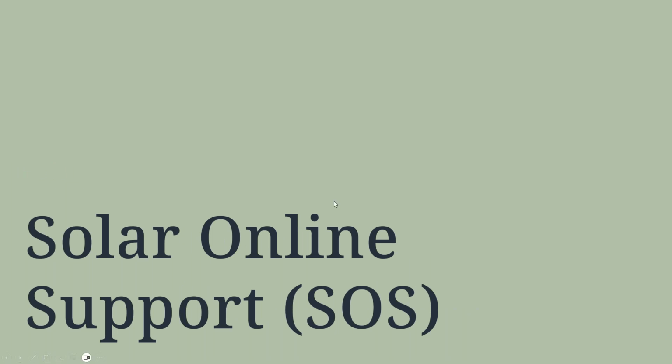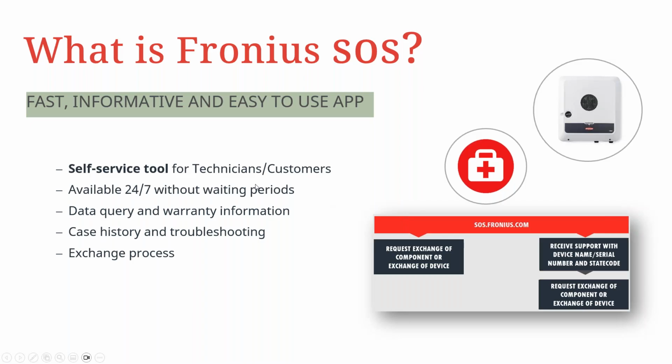Starting off with Solar Online Support, or what we commonly refer to as SOS. So what is Fronius Solar Online Support? This is basically a fast, informative, and easy to use app, intended for technicians as well as customers for ease of service.